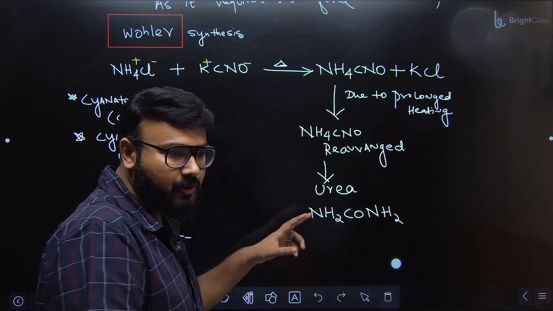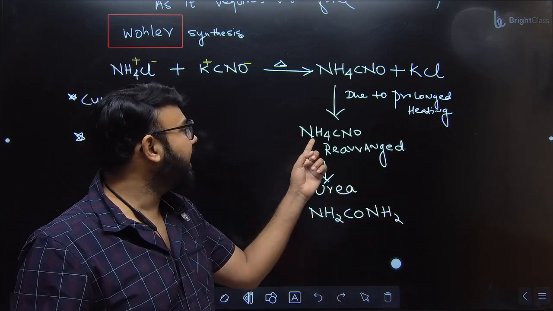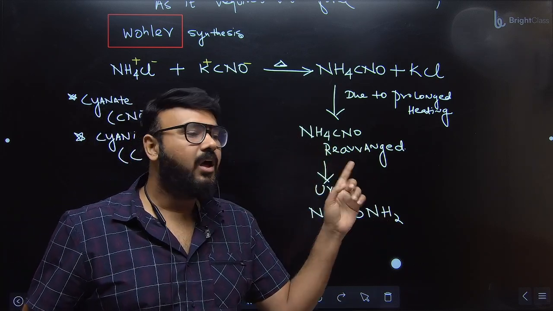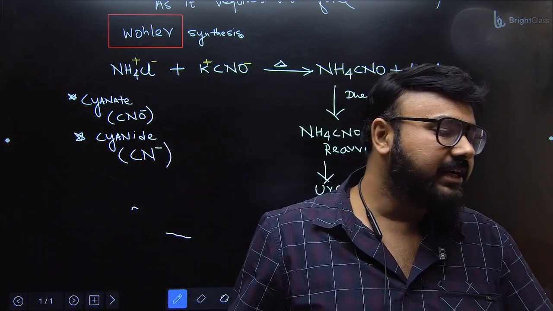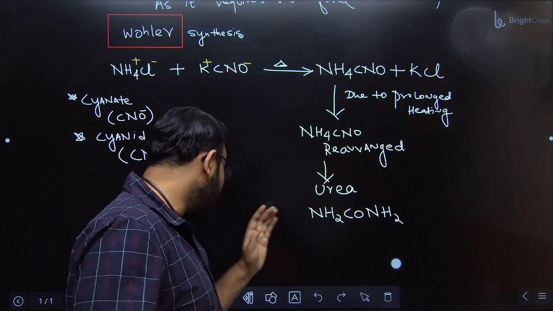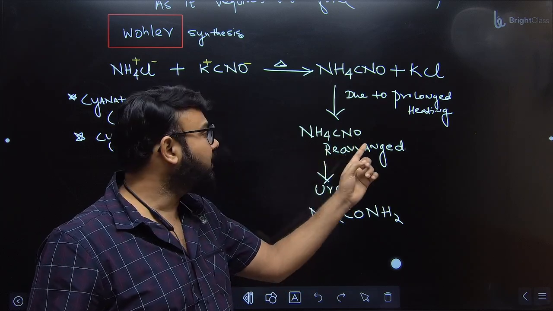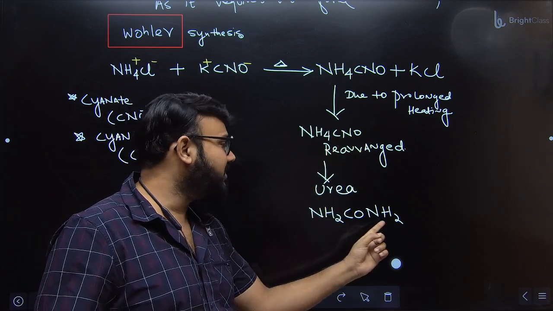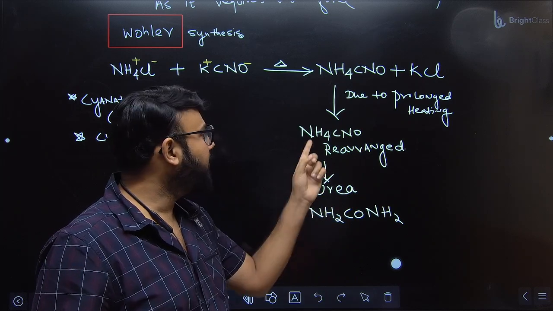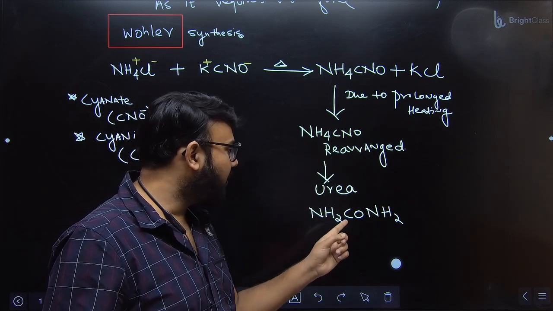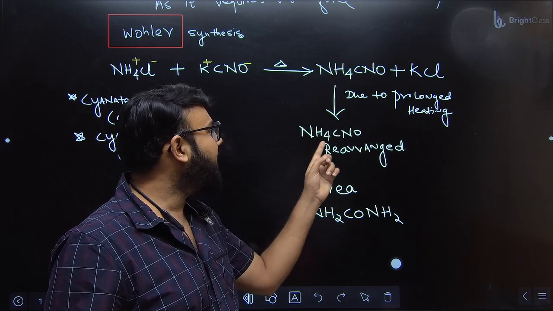Now tell me, all of you see here, how many nitrogen are there in ammonium cyanate? Online students, turn on your mic and tell me. Two. How many nitrogen here? Two. How many oxygen here? One. How many carbon is there?